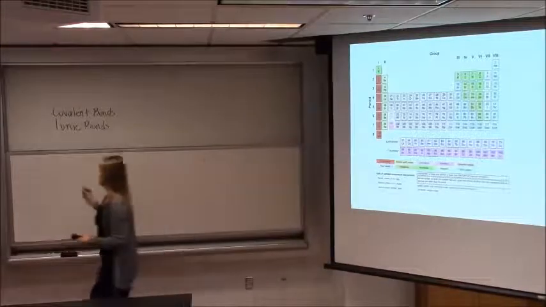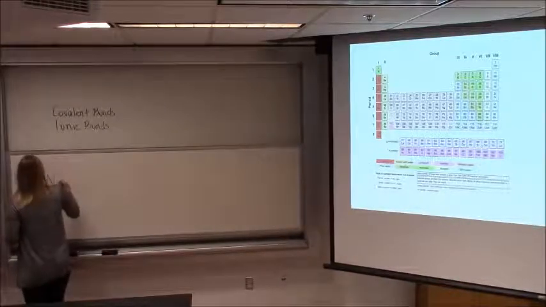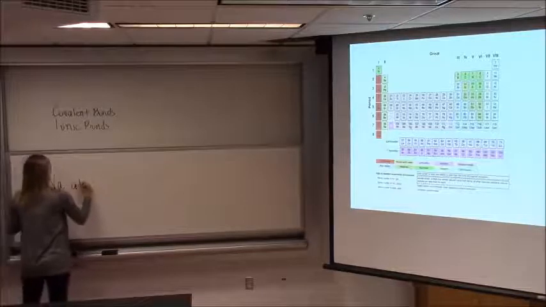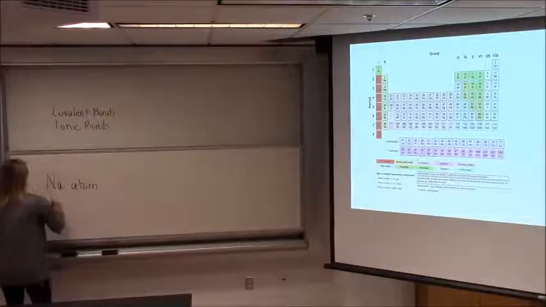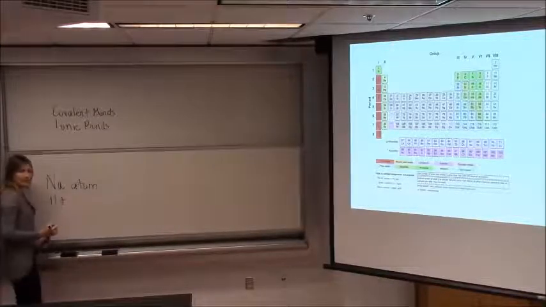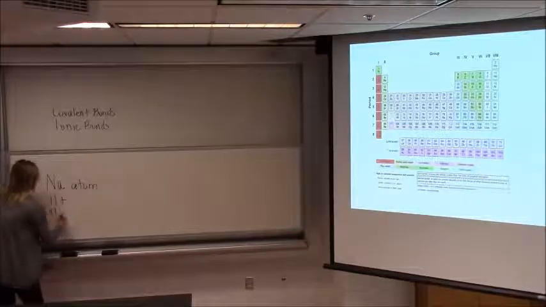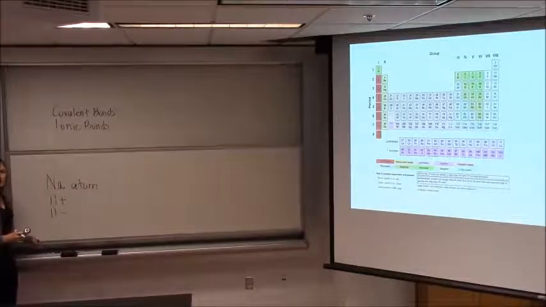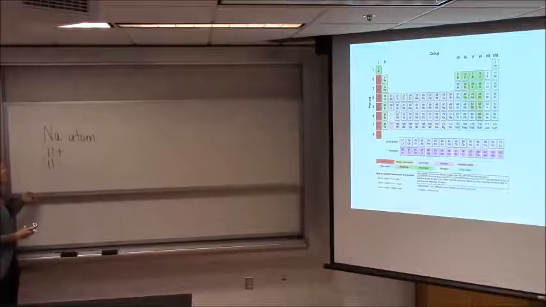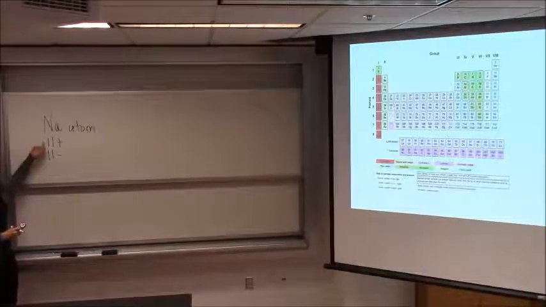And sodium, as an atom, has 11 protons in its nucleus and 11 electrons orbiting the nucleus. Okay, so it has 11 positively charged particles in the nucleus, and that cannot change.